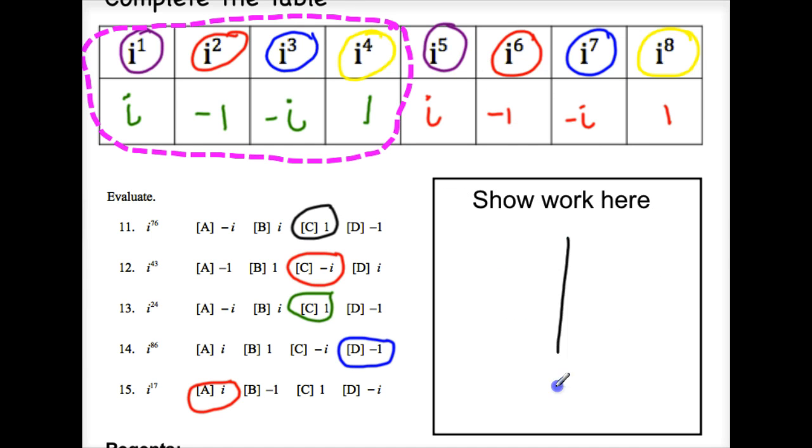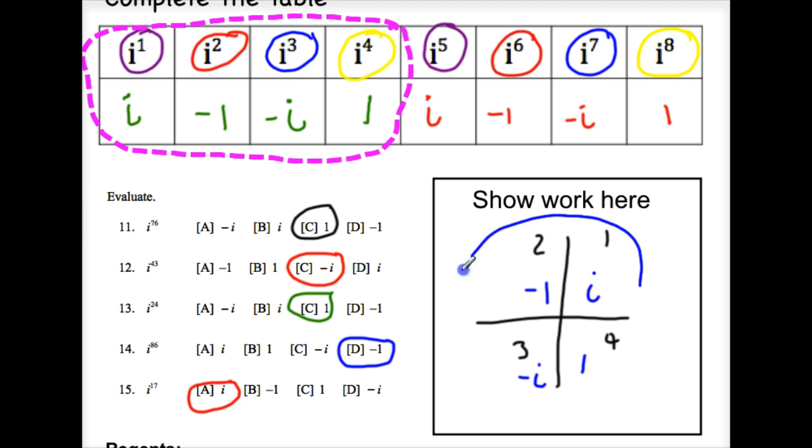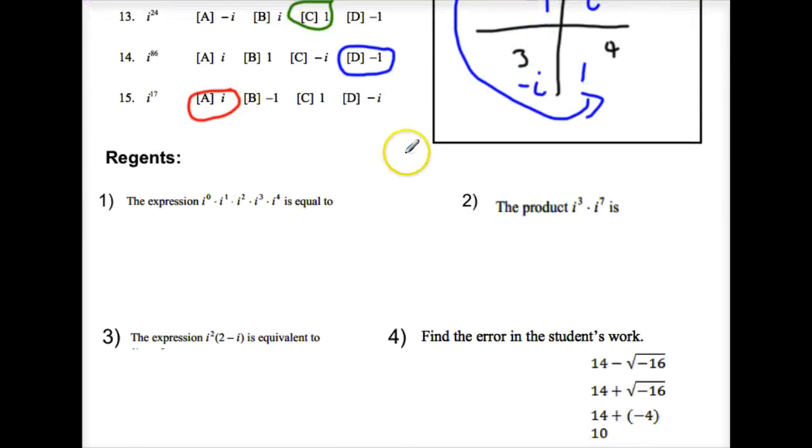I just make a thing like this, and I know this is 1, 2, 3, 4 scoops. And then I go I, -1, -I, and 1. This is how I remember it. And I always go counterclockwise. All right, moving on.